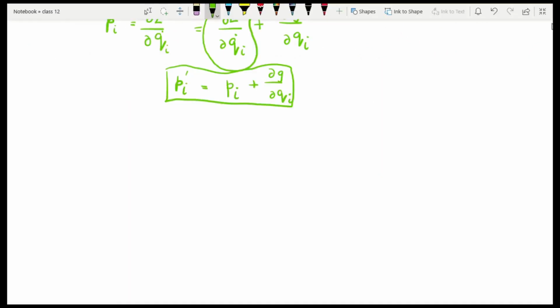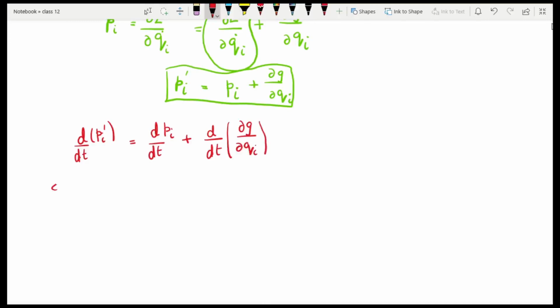Next we will find the first derivative with respect to time of pi prime. That is d by dt of pi prime. So that will be d by dt of pi plus d by dt of dou g by dou qi.